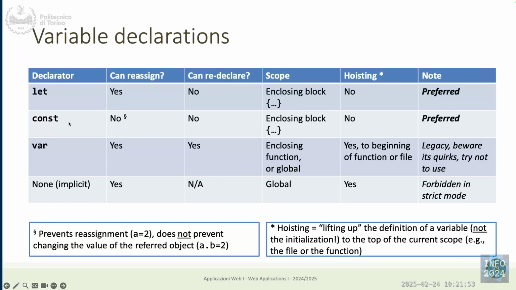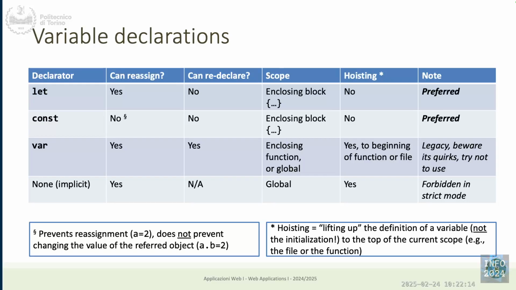So we'll try to use these two ones. Only one warning: since variables are just pure references, a const variable, so declaring something with const, prevents this variable from pointing to some different value, but it doesn't prevent the value from changing. Okay?